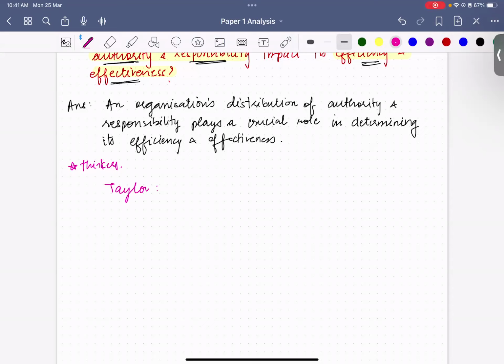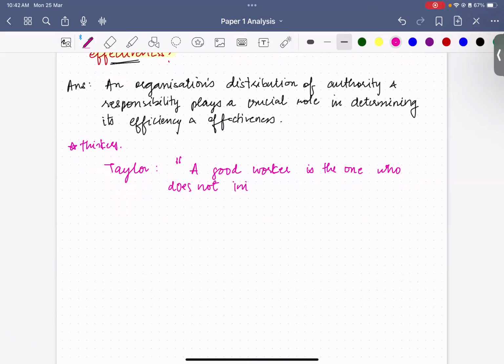Taylor had said, in terms of authority and responsibility, that a good worker is the one who does not initiate but follows every order of the management.